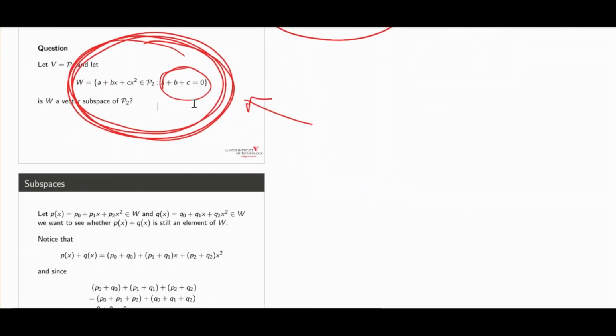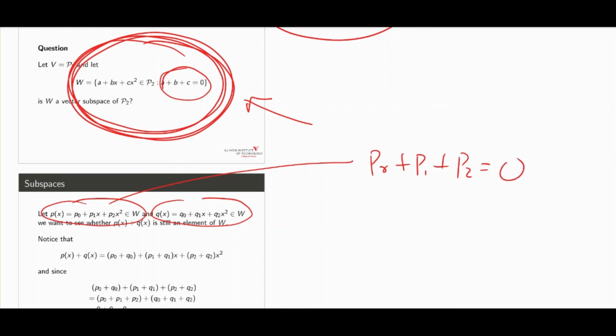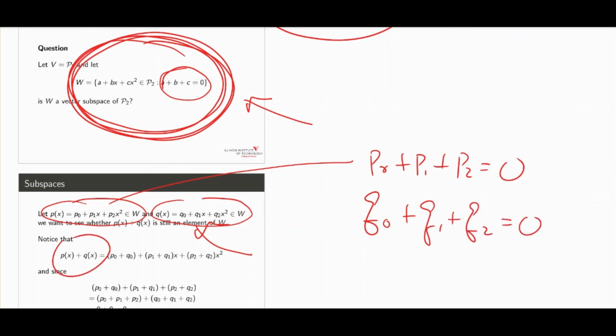So in this case, let's say you take two elements, P and Q, that are in W. So what does it mean? If P is in W, that means P0 plus P1 plus P2 has to be 0. And Q is in W, which means Q0 plus Q1 plus Q2 has to be 0. So we add these two polynomials together.